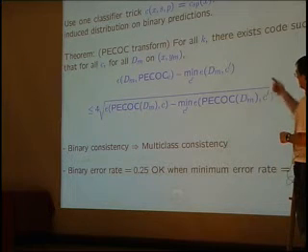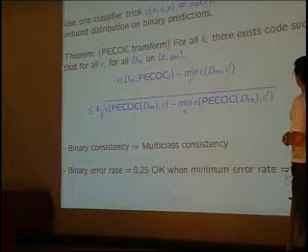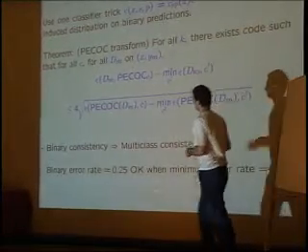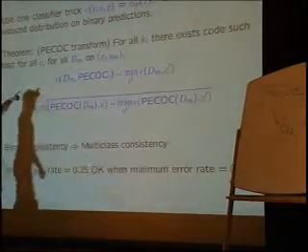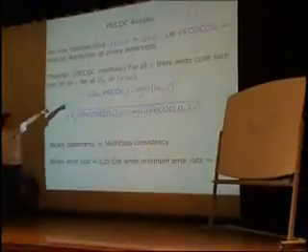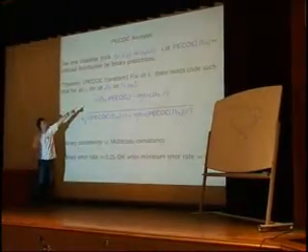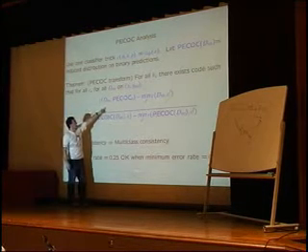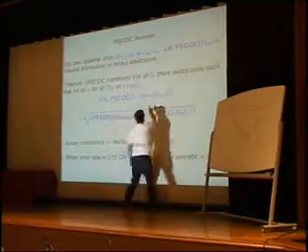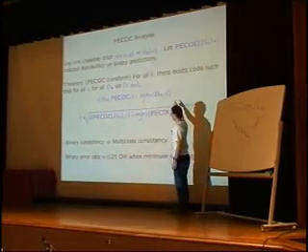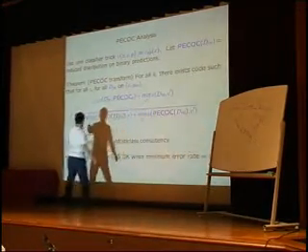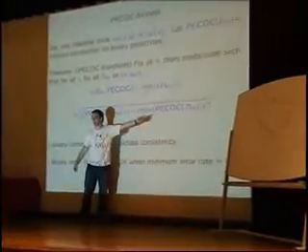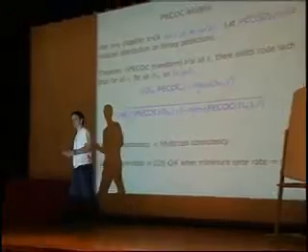And then we have this Peacock transform theorem, which says that for every number of multi-class labels, there exists a code such that for every binary classifier and every multi-class distribution, the multi-class error rate minus the minimum multi-class error rate is bounded by 4 times the square root of the binary error rate minus the minimum binary error rate.